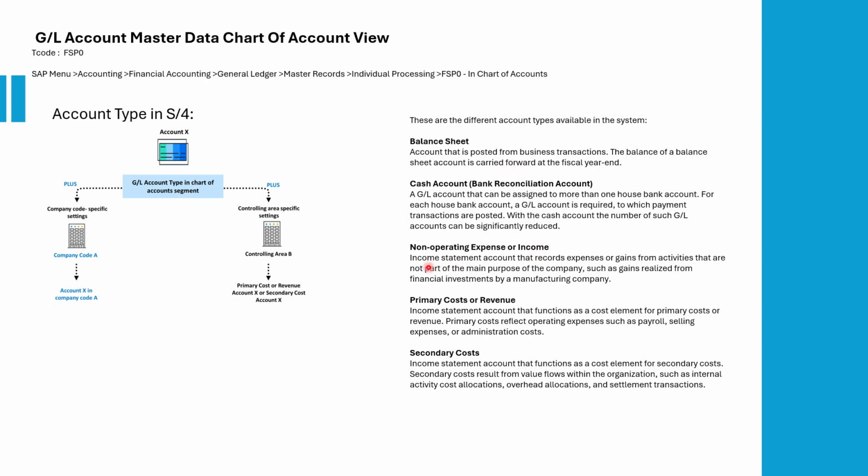Then there is one more account type, newly created, called non-operating expense or income. These are accounts which record expenses or gains from activities that are not part of the main purpose of the company, such as non-operational expenses or income, because if it is operational then it will of course go to some primary cost or revenue, so we will create those later.